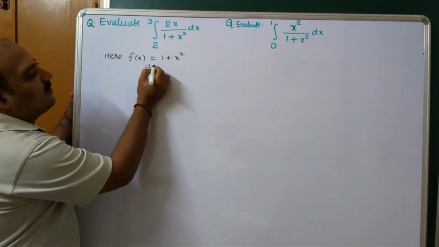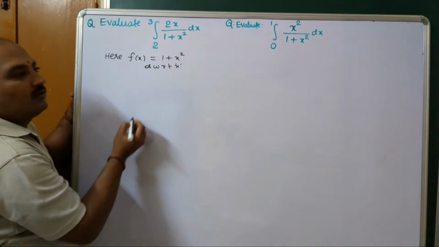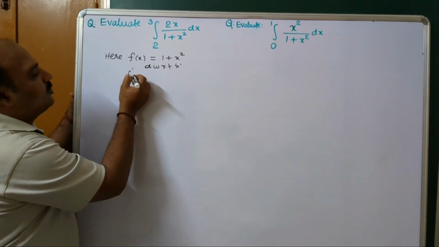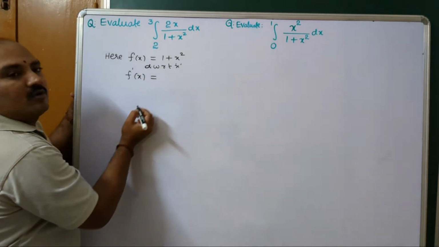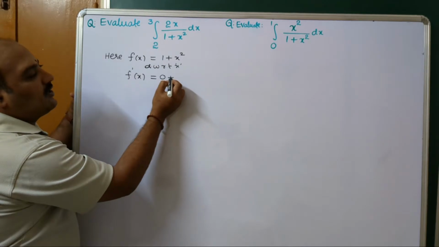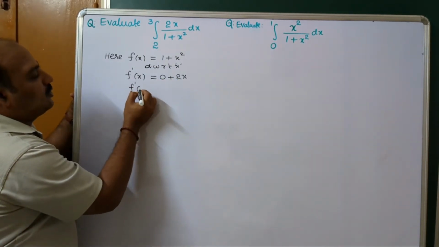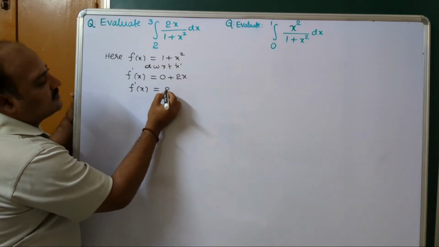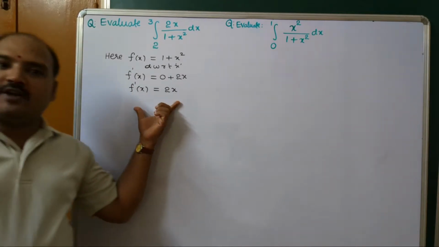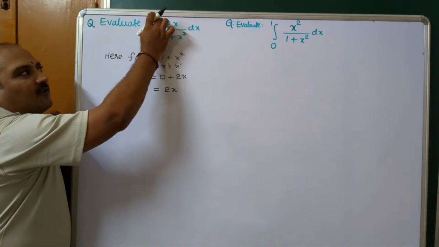Differentiate with respect to x: f dash of x equals the derivative of the constant, 0, plus the derivative of x square, so f dash of x equals 2x. So we have f of x and f dash of x.